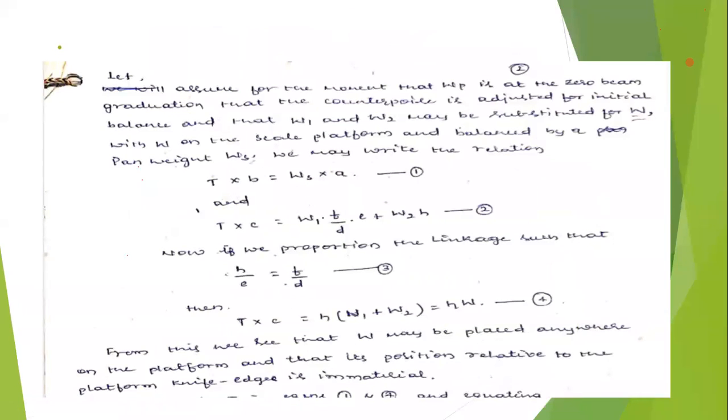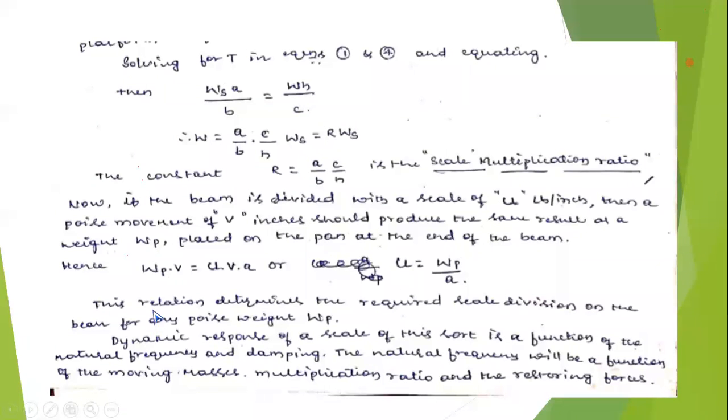Go through equations 1, 2, 3, 4, and finally substitute the values: W equal to A by B into C by H into Ws. That is equal to R into Ws. R is the scale multiplication ratio that is used for adjusting the lever to read 0.